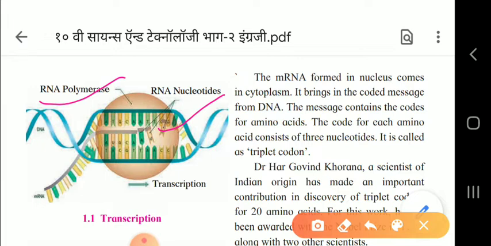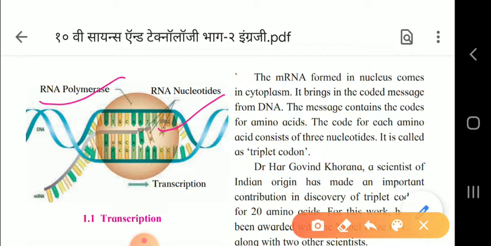Now the messenger RNA, or mRNA, which is formed in the nucleus, comes into the cytoplasm, and it brings the coded message. I already told you that it brings the message. The message contains the codes for the amino acids.